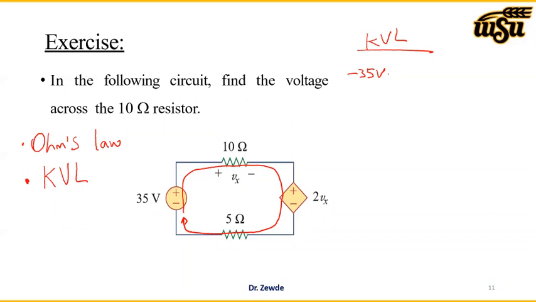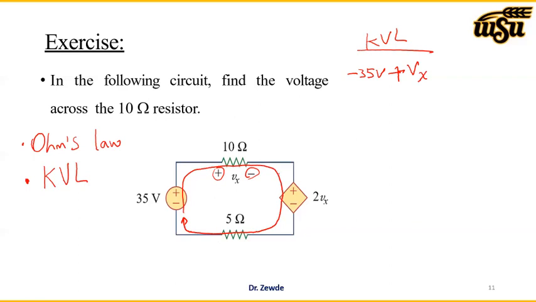And the second component is a 10 ohm resistor. So we go through here and pass the positive side and go to negative. So we go from positive to negative. If we do that, the voltage should be positive, so it should be plus, the voltage is given as Vx. So plus Vx.